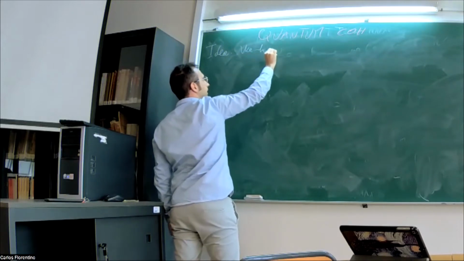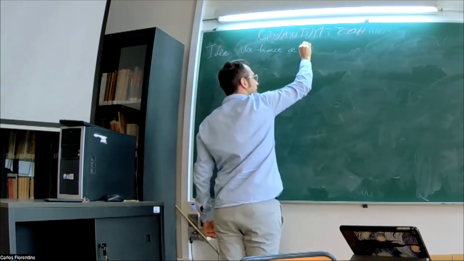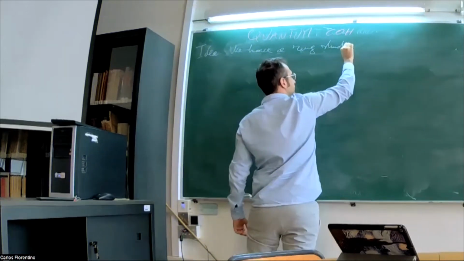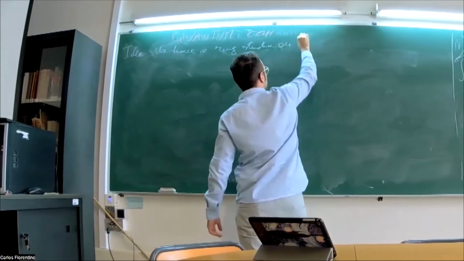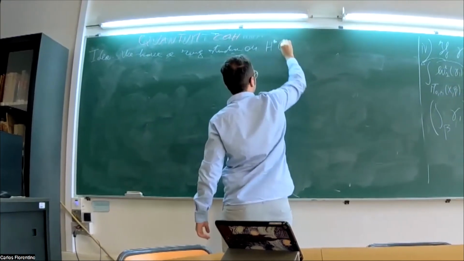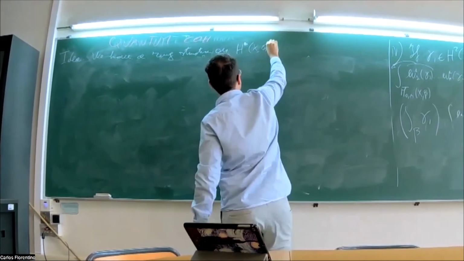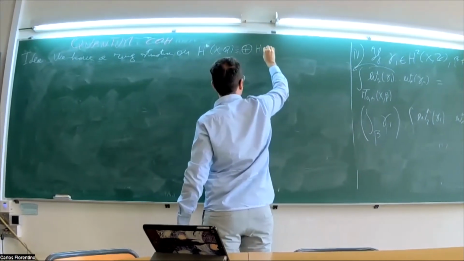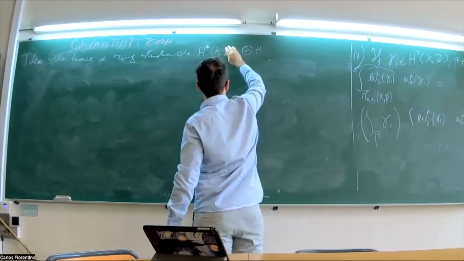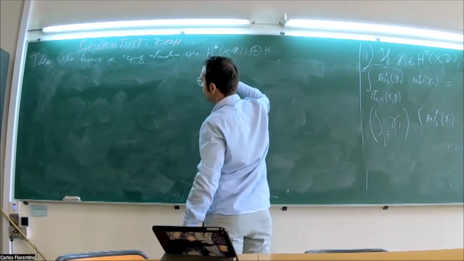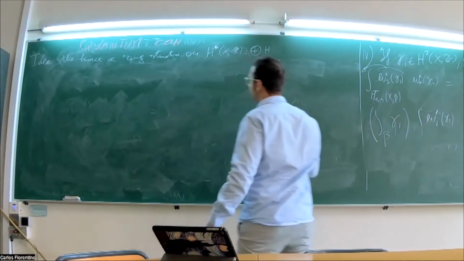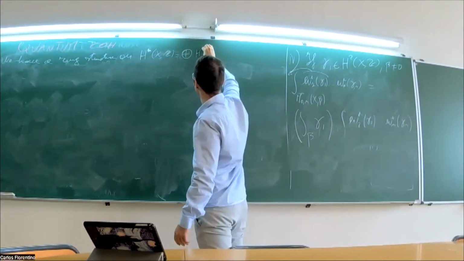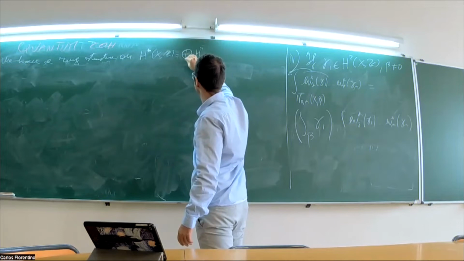We have a ring structure of H star of X. Actually, X is our smooth variety, and we know that we have a ring structure here.